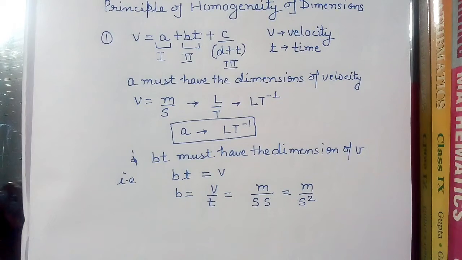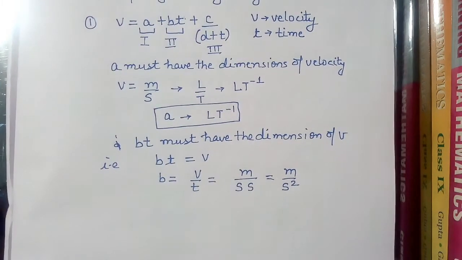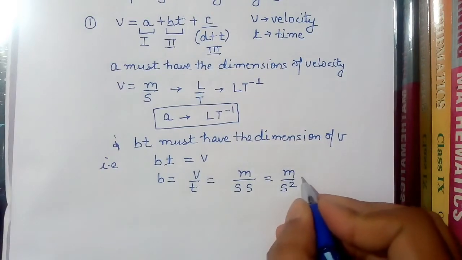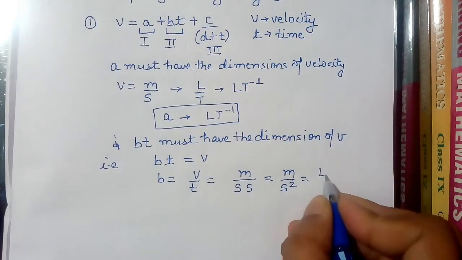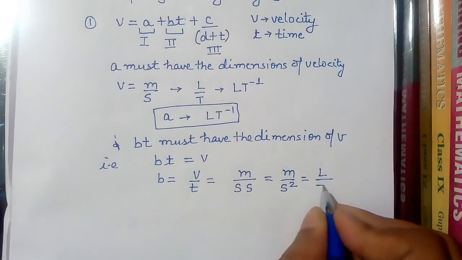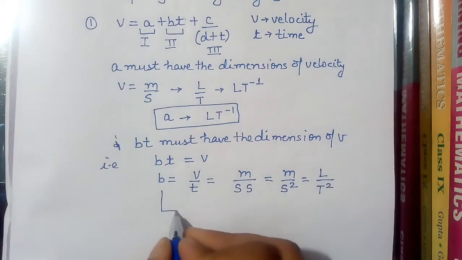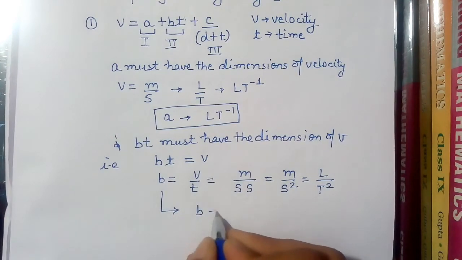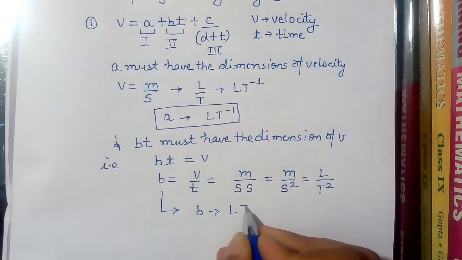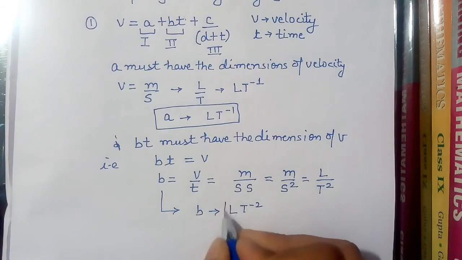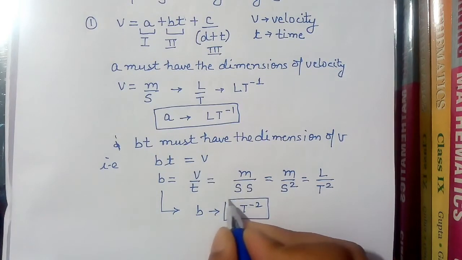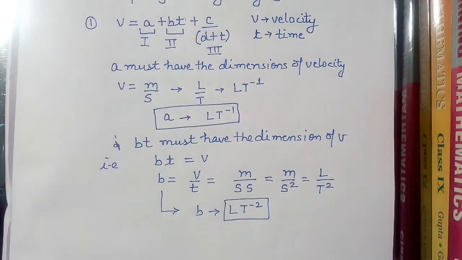Now we are in a position to write its dimension. For m we take L, and for s we have T to the power 2. So the dimension of B is LT minus 2. This is the dimension of B.